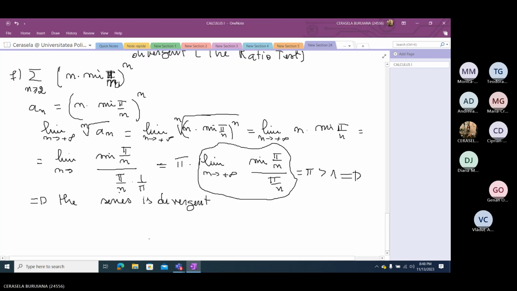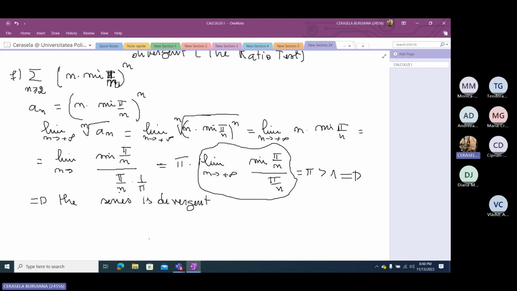You want to use the necessary test, okay. And how do we do it? We calculate the limit of the general term. Yeah. And that will be infinity. Yeah, that's true. So yeah, a good idea. Good point. Good remark.